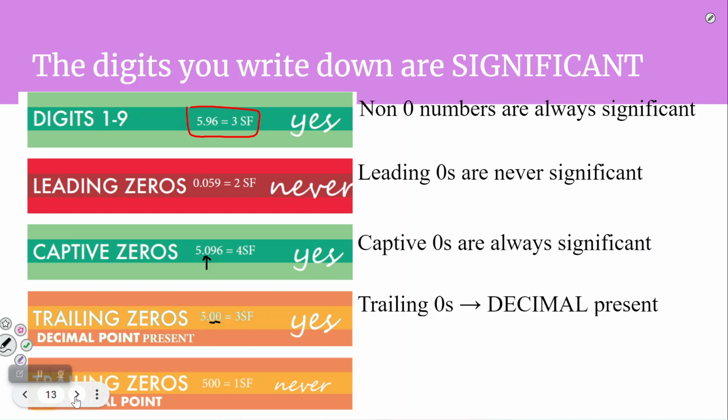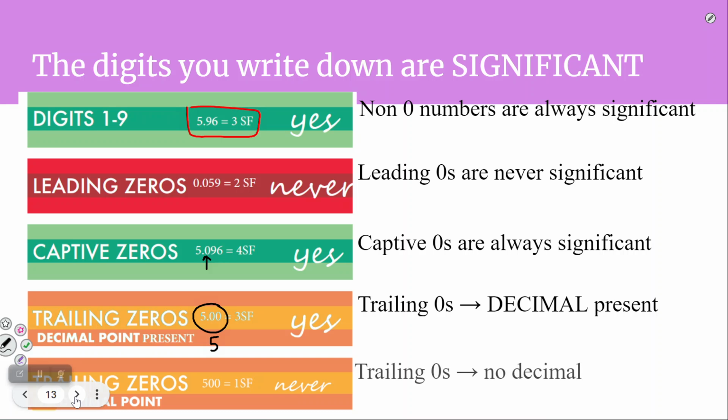So there are 3 significant figures here in 5.00. If we just said 5, then that would only be 1 significant figure. But by saying 5.00, we're saying that the measuring tool that allowed us to make that measurement was so precise that we made that measurement down to the hundredths place. Versus a measuring tool that only allowed me to make a measurement of 5 was not nearly as precise as the measuring tool that allowed me to make this measurement of 5.00. That is why those 2 zeros are significant.